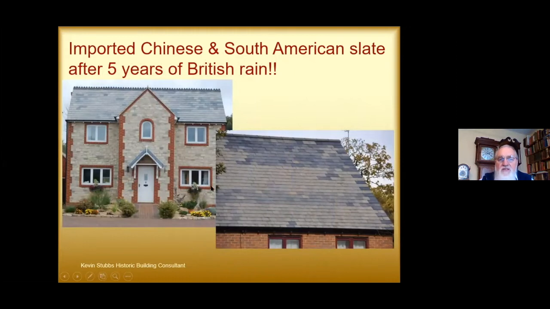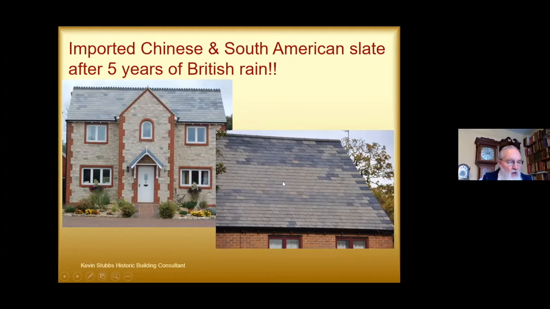We can't say the same for much of the material coming in at the moment very cheaply from China and South America. After 5 years in British rain, the colour is changing dramatically from dark blues to light greys, and I've even seen milky white slates.